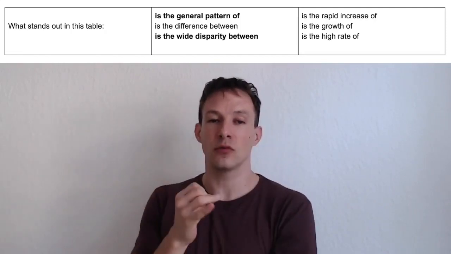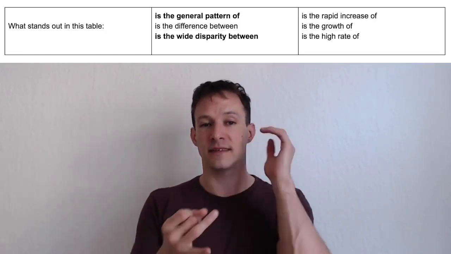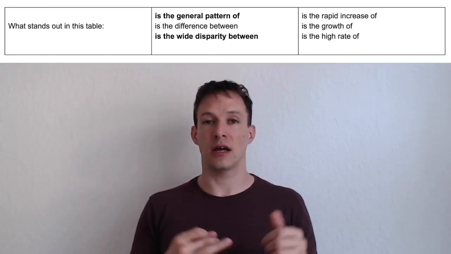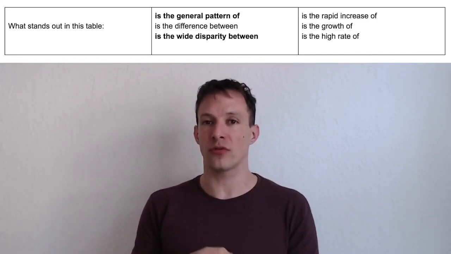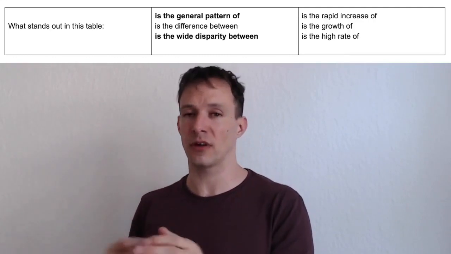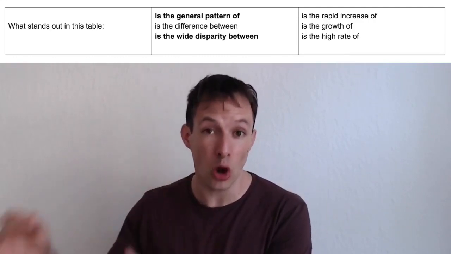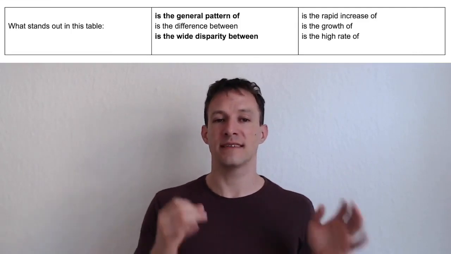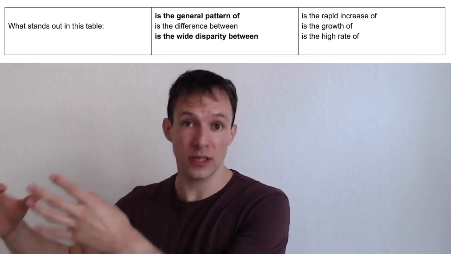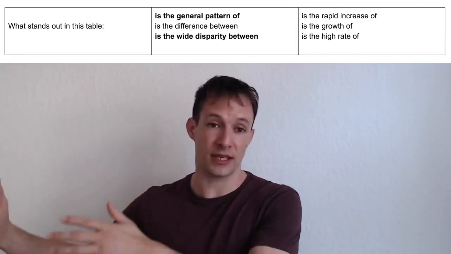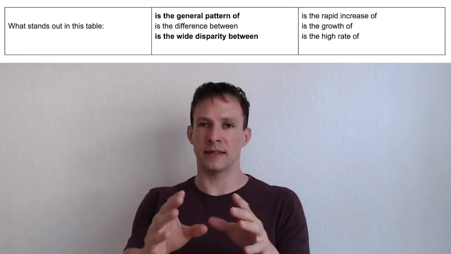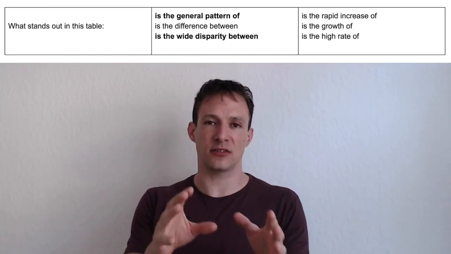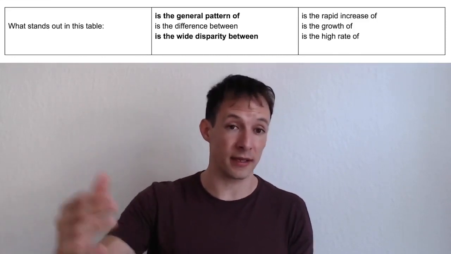We can say, is the rapid increase of data, is the growth of production of corn from country A, yeah? Or is the high rate of expansion or something, okay? Now, this relates to my final tip, the warning, which I'll get to in a second.